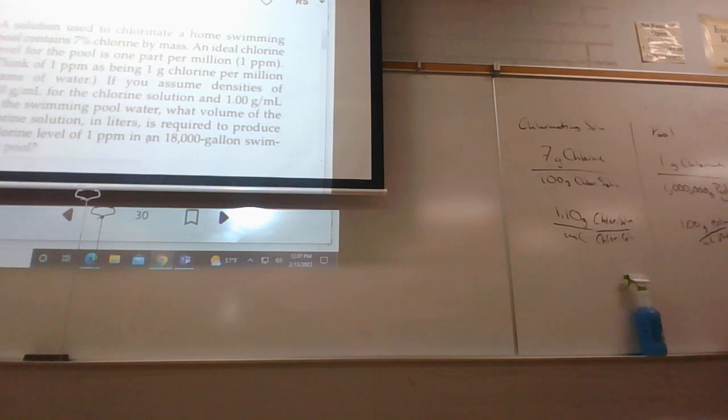So the volume of the swimming pool is actually a little bit bigger. It's going to be 18,000 gallons plus the volume of the chlorinating solution we dump in there. Well, how much chlorinating solution are we dumping in there? Do we know how much? We don't know how much.